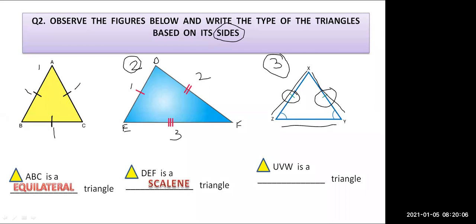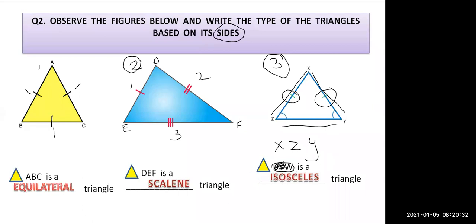So only these two sides are similar, and the ZY side has a different measurement. So the triangle XZY is an isosceles triangle.